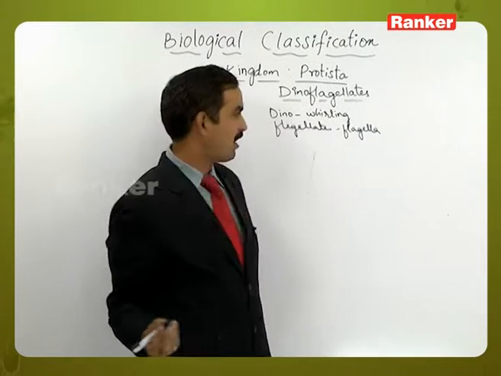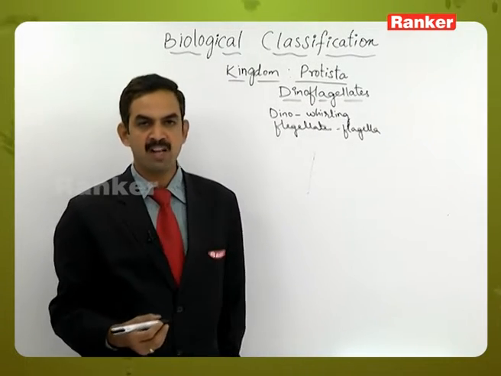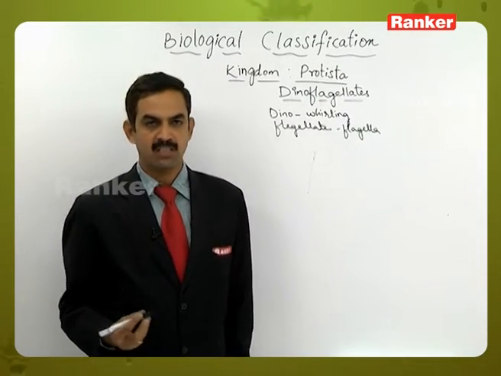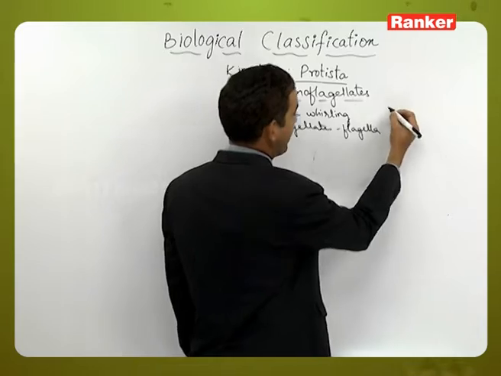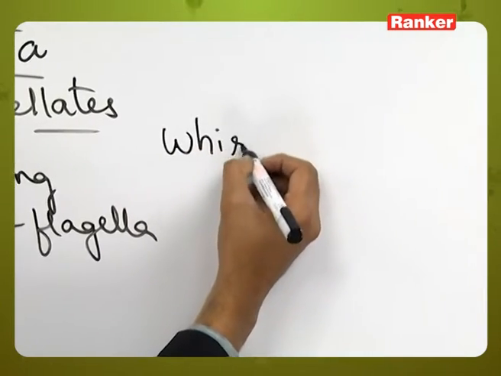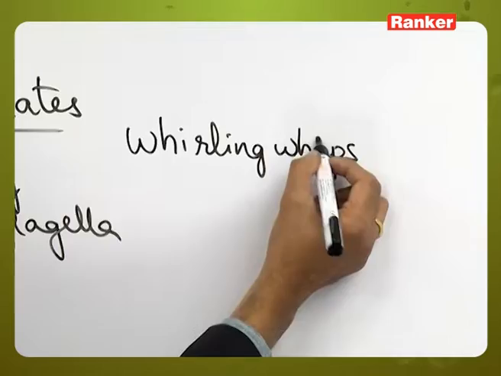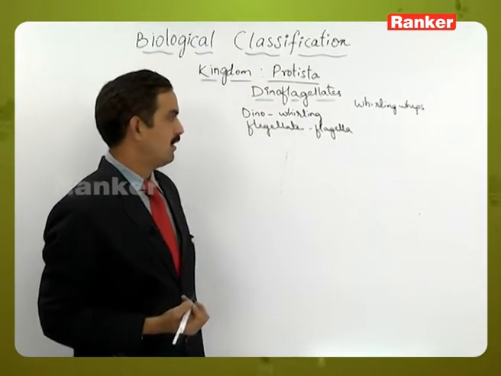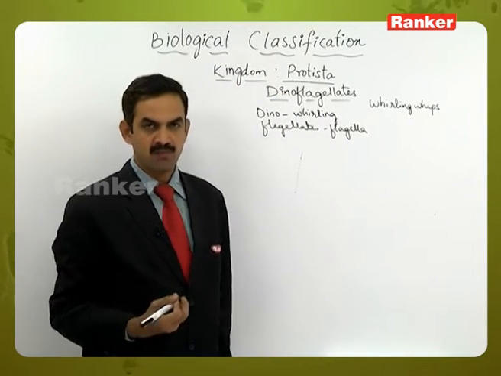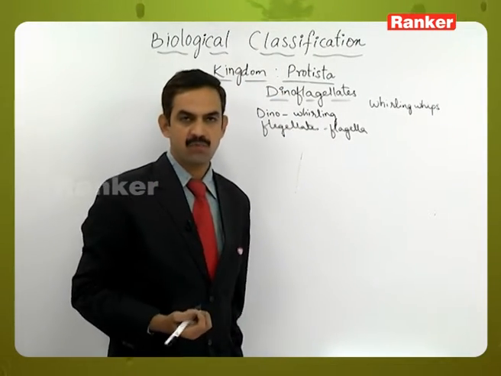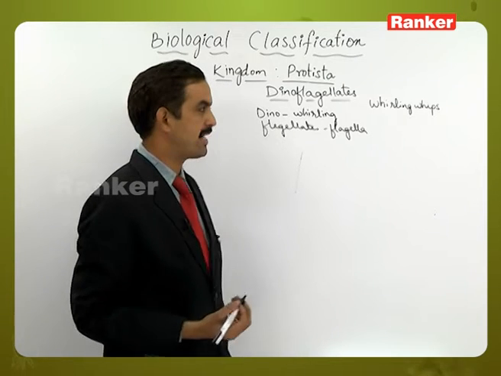So they have flagella which show a whirling type of movement. That's why these are called whirling whips, because of the type of movement exhibited by the flagella of the dinoflagellates.